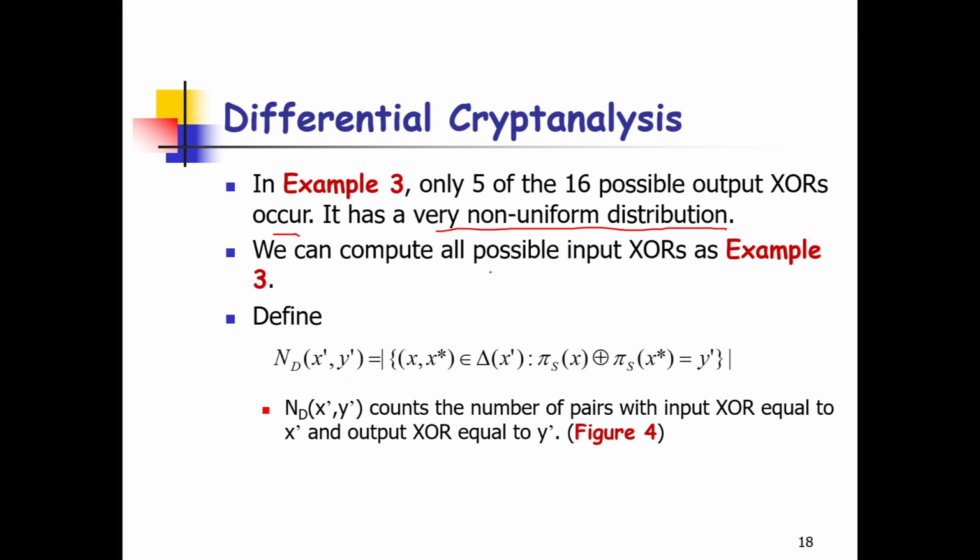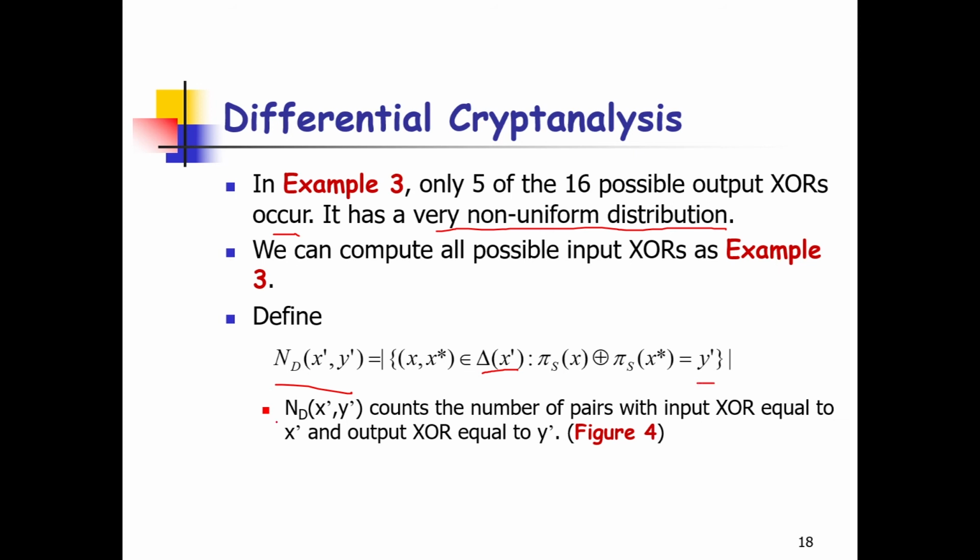So we can compute all the possible input XORs as in example 3. Now this set will be the pairs x comma x star such that their difference is x dash and their output difference is y dash.